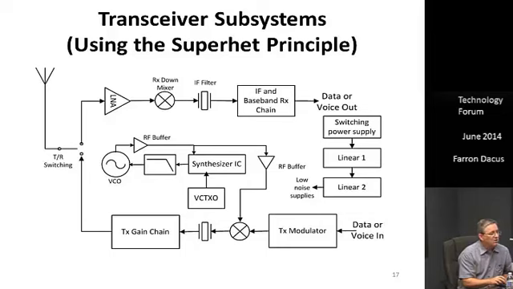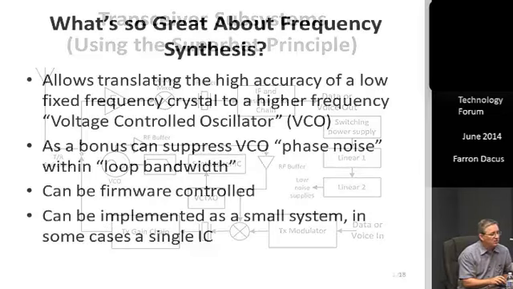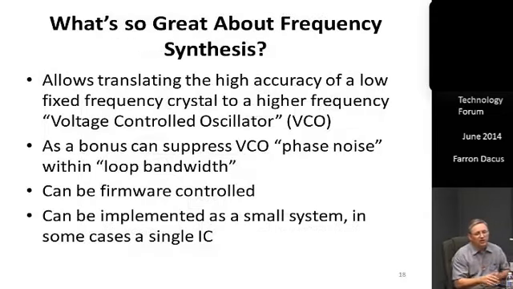I can go into a little more detail about what's so nice about frequency synthesis, but basically you get any frequency you want with crystal accuracy. And when you're getting it, you get VCOs that are noisy, and a side effect of synthesizers is that within their noise bandwidth they will suppress the noise of a VCO because it's a feedback control system, and if it sees frequency variation, and noise is frequency variation, it's going to counter that.